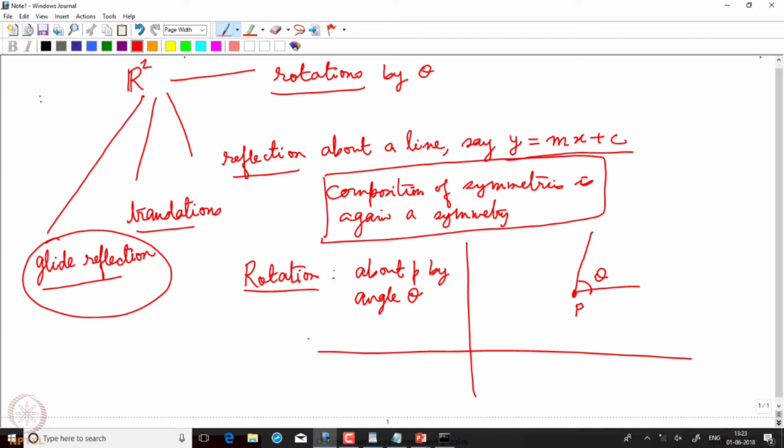So if P is origin, then I can express rotation as a matrix.